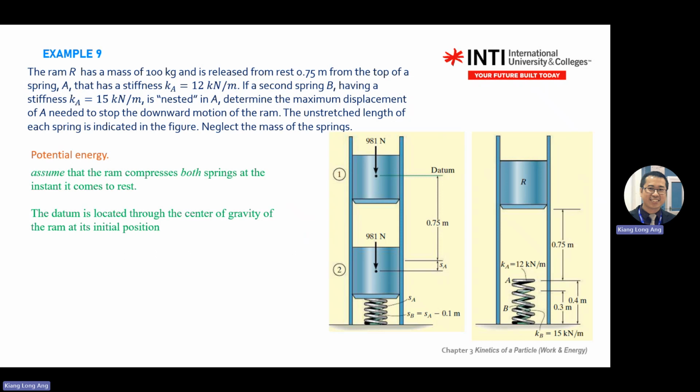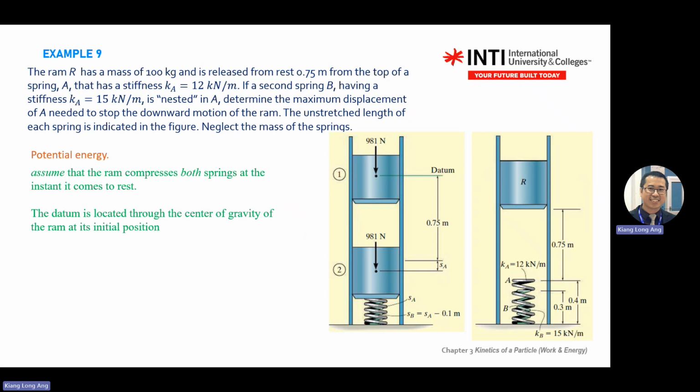Okay, then this one is pressed down already. So SB initial is 0.3, right? But how do you find SB? For SB you take SA minus 0.1.